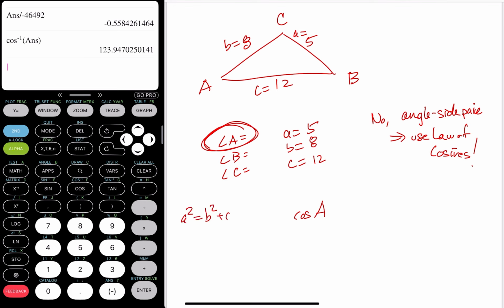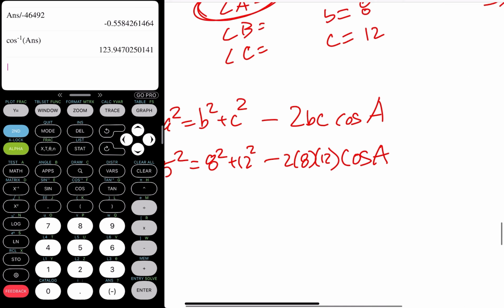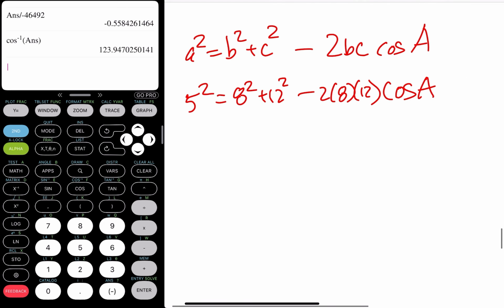So it's going to be B squared plus C squared minus 2BC cosine of A. So it's 5 squared equals 8 squared plus 12 squared minus 2 times 8 times 12 cosine A. Now the only thing left to solve for is the cosine of A.